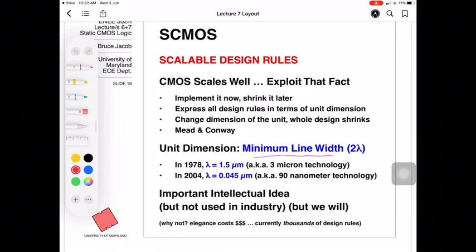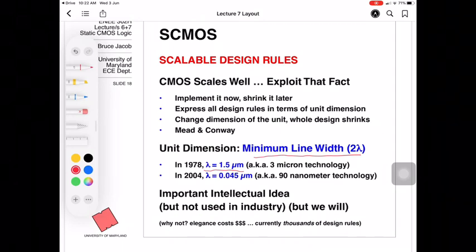The minimum line width is also known as true lambda. This is usually used to describe the minimum size of the transistors that can be used in the design. For example, in 1978, if the technology has a lambda of 1.5 micron, this means that the minimum size of the transistor is 3 micron.